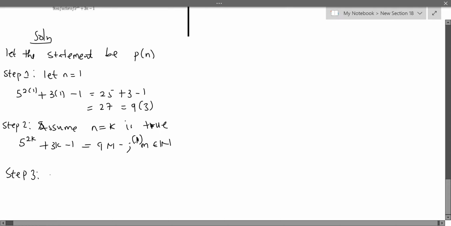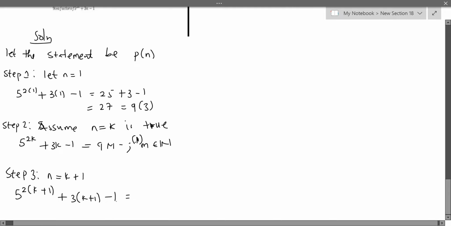Step 3 is to prove that n equals k plus 1 is true. So to do that, anywhere we see n in the formula, we replace it by k plus 1. We have 5 raised to the power of 2 into k plus 1, plus 3 into k plus 1, minus 1. So we want to prove that this expression is equal to a product of 9 and a particular number.